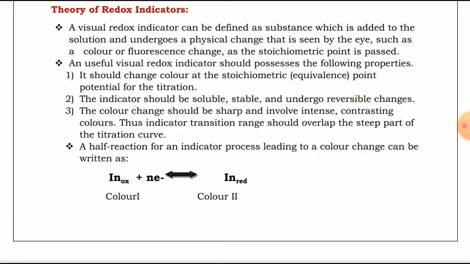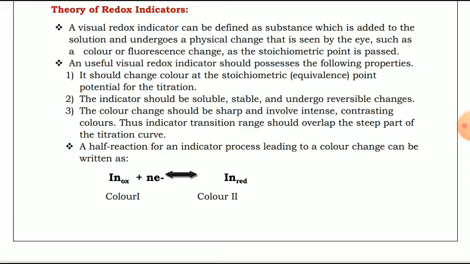When it takes electrons, it will show the first color. But when it is reduced, in a particular oxidation state or at a particular pH of the solution, it will show the second color.